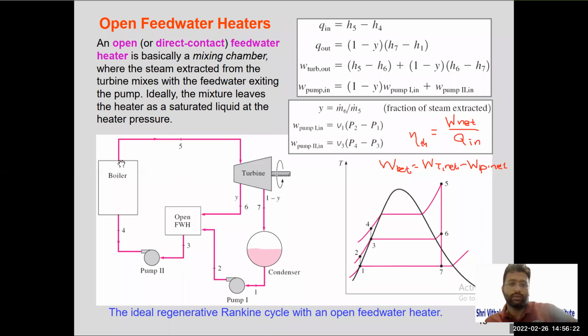Draw the figures first. Draw the schematic of the open feed water heater and this TS diagram. Next variation in this case is the closed feed water heater. In that case, the water will flow through the pipes and it will be surrounded by steam. So write down all these formulas and figures.